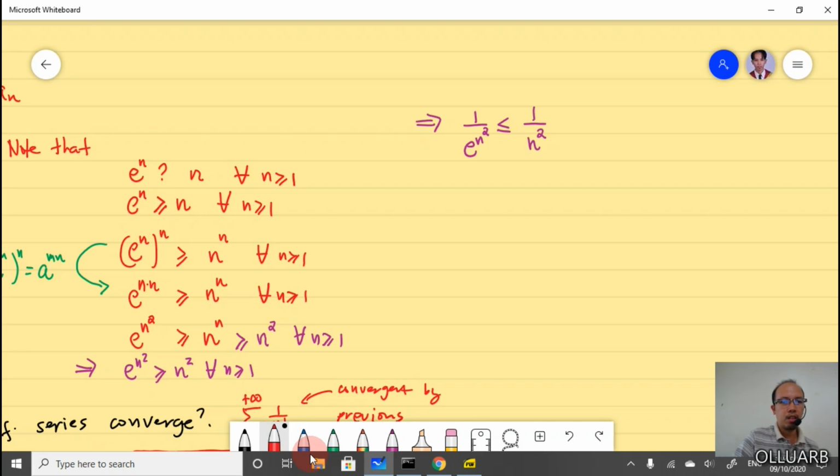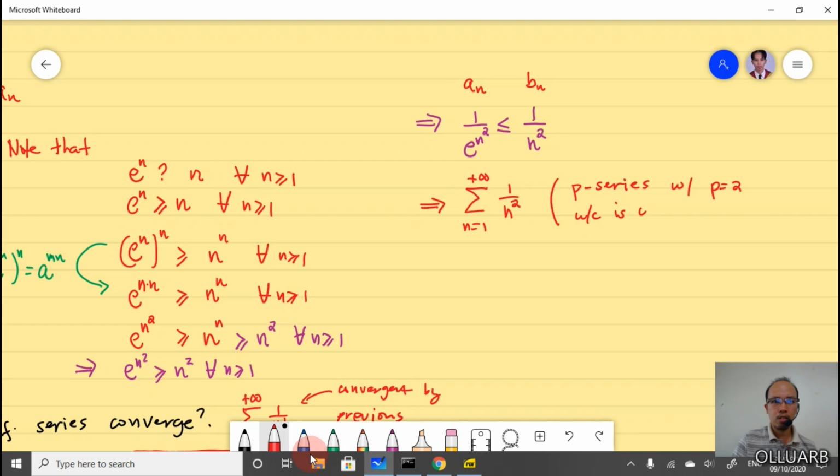And the series that we are going to compare to the given is this series: summation of 1 over n squared, where n starts from 1 to positive infinity, and we know that this is a p series with p equal to 2, which is convergent.